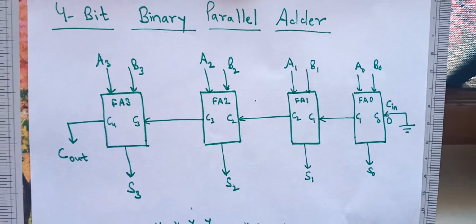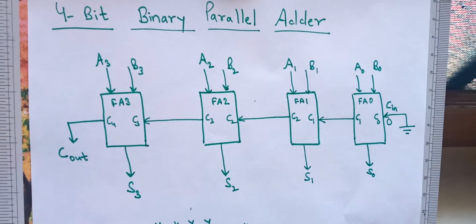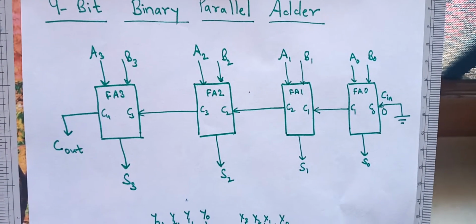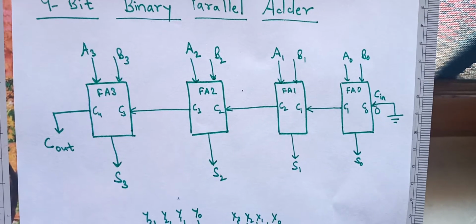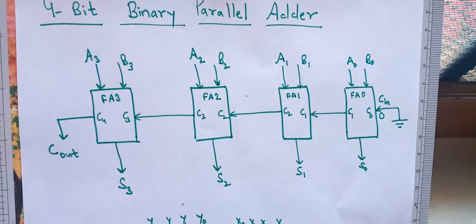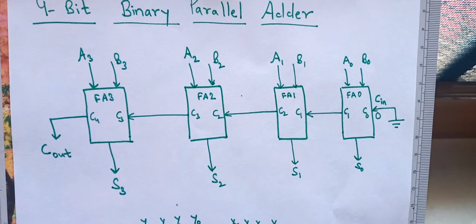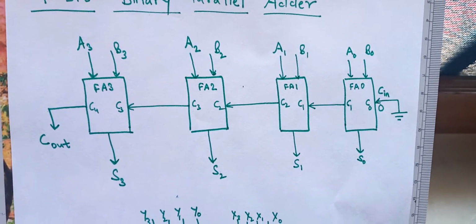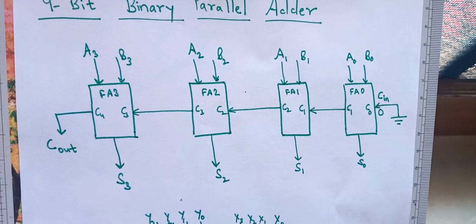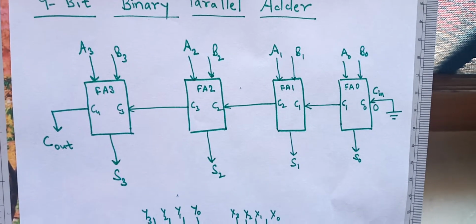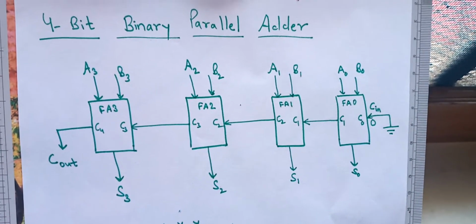And then finally C4 becomes the output carry, and S3 becomes the sum from this addition of A3, B3 and C3. Now this C4 is also the final carry output, because this is the last stage of addition.